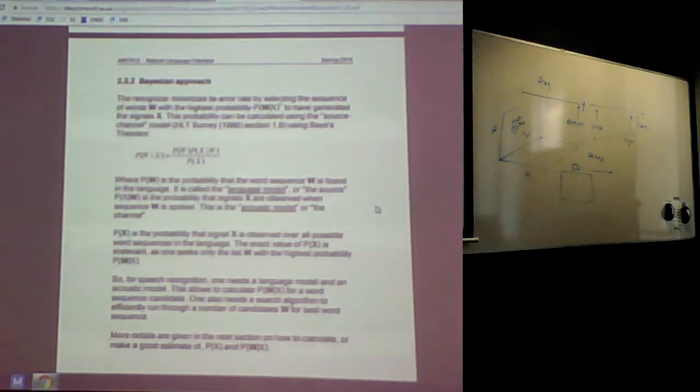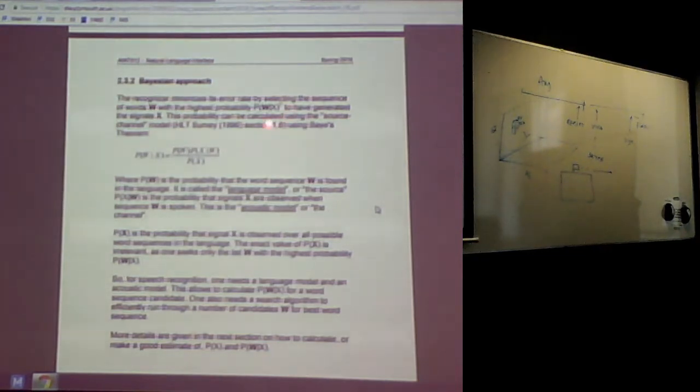What the recognizer tries to do is to minimize its error rate by selecting the sequence of words with the highest probability that this sequence has been generated by this sequence of sounds.